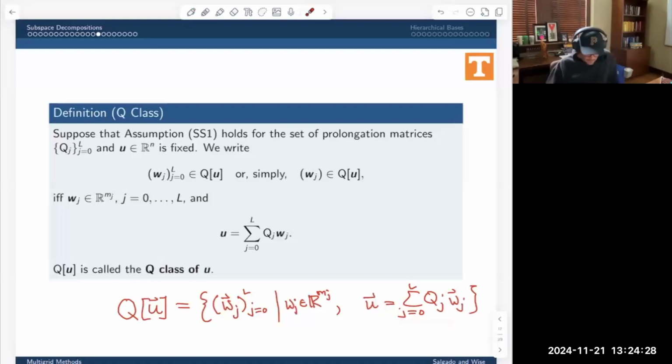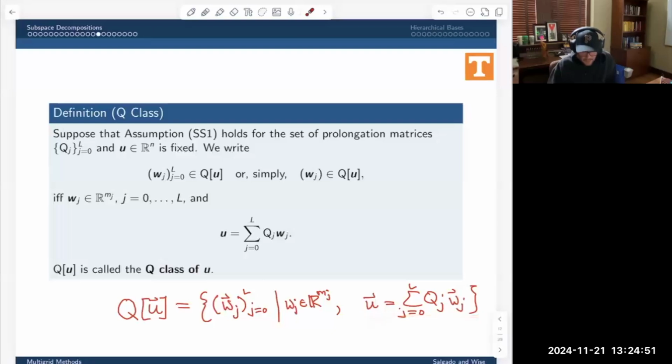Now here's the idea. If I have a subspace decomposition, then there may be a lot of different ways that I can write this U vector as a sum which looks like this. If you tell me what the Q prolongation matrices are, there could be a lot of different ways of writing U as this sum.